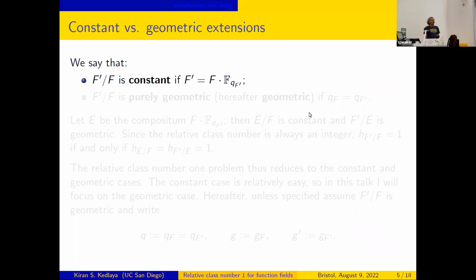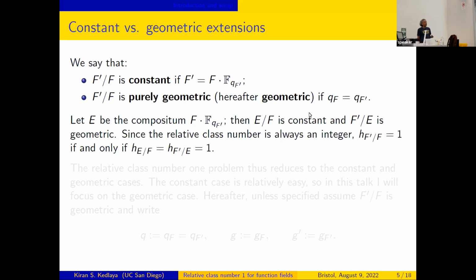So that doesn't change the genus, of course. And then the opposite extreme is that I have a geometric extension if the constant field doesn't change. So this might be what you were thinking of when I wrote this thing down in the first place. And indeed, most of the talk will be about this geometric case, because that case is more interesting. But we do actually cover both cases.